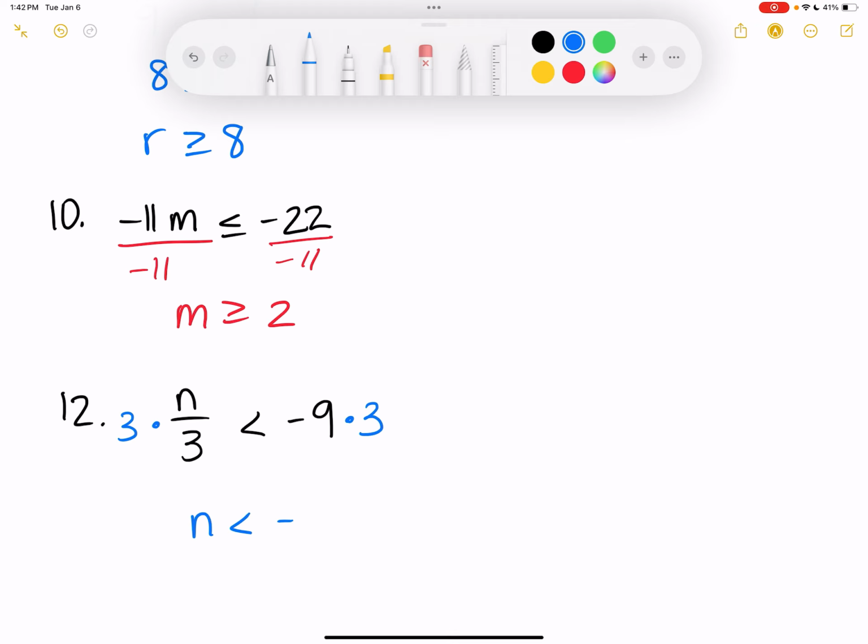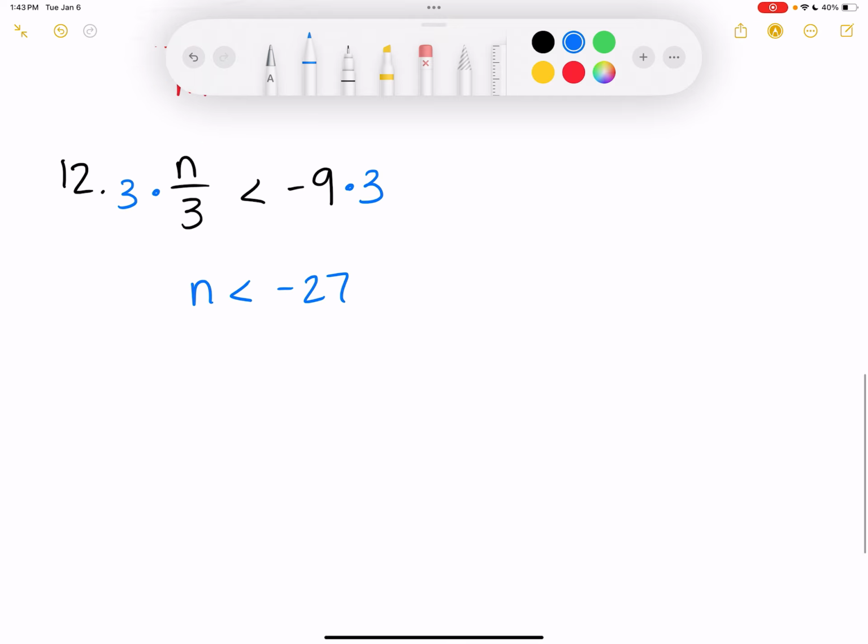Oh wait, no. You have to flip the sign. Hold on, wait. I do not flip the sign. Oh, my bad. Negative 27. Yep. So even though this number is negative, the number that I'm technically multiplying by is not, so I leave the sign as it is, so n is less than negative 27. Ain't I on fire, bro? Give me a pound.